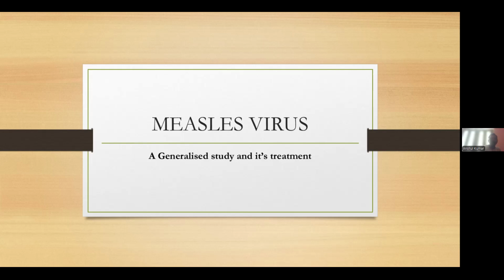So these are some of the important characteristics of the family Paramyxoviridae, and it contains varied genera, and most of them are responsible for respiratory infections mostly in children, and some of them also infect adults.